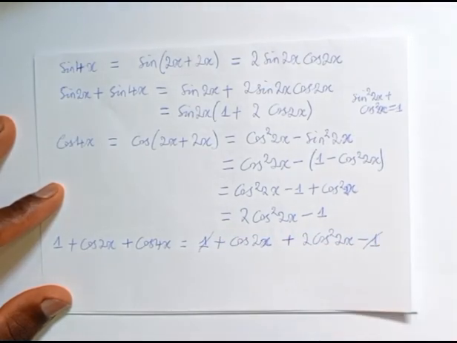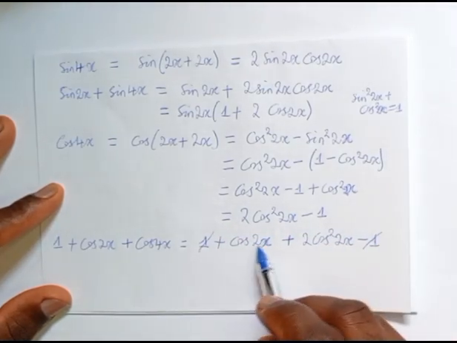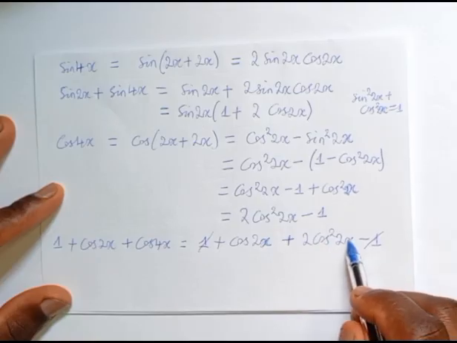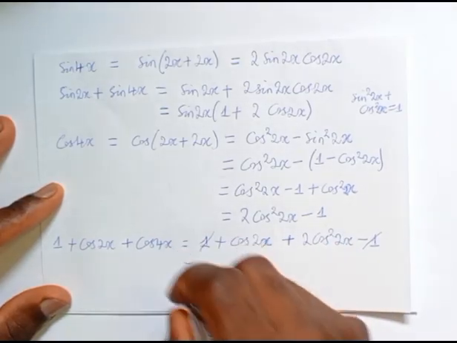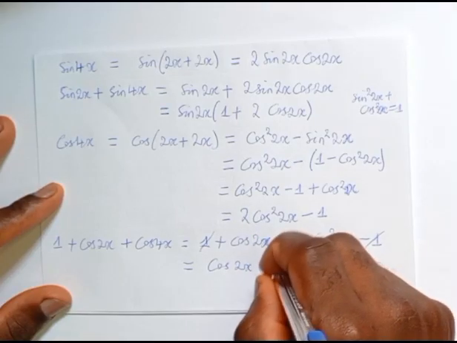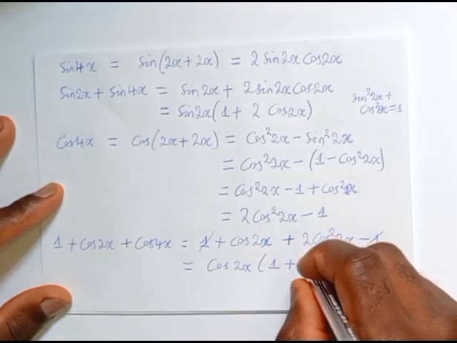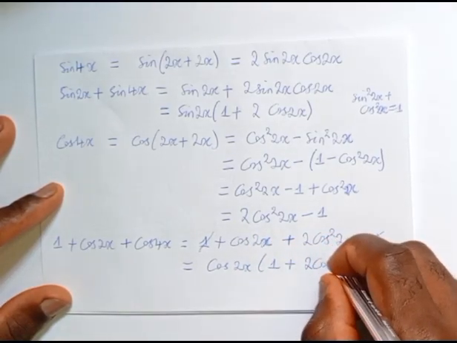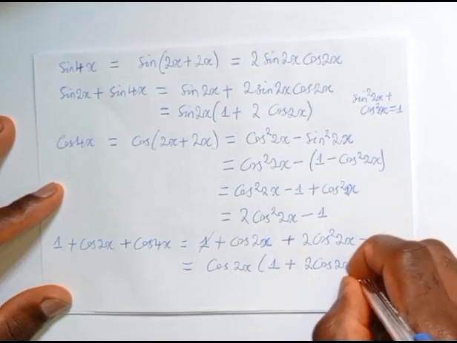This and this will strike off. We will be left with cos 2x plus 2 cos squared 2x, of which cos 2x is common. We are going to factor out cos 2x times 1 plus 2 cos 2x.